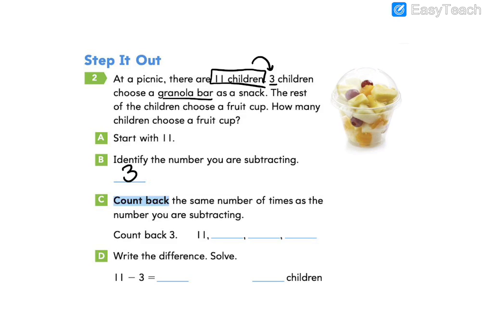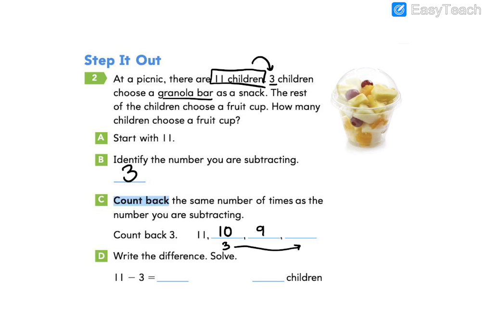Now we're going to go ahead and count back. We're going to count back the same number of times as the number we are subtracting. So we're going to count back 3 times. So if we're counting backwards from 11, backwards 1 is 10, 2 would be 9.